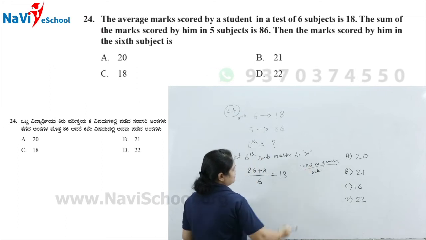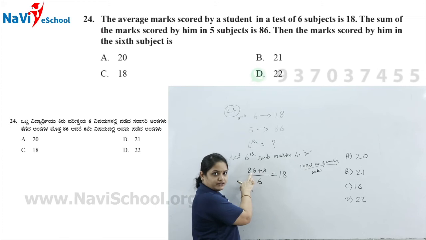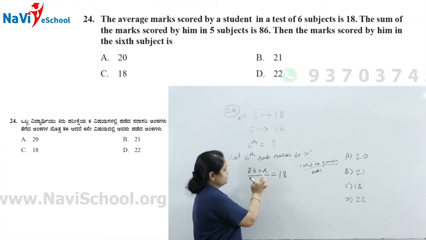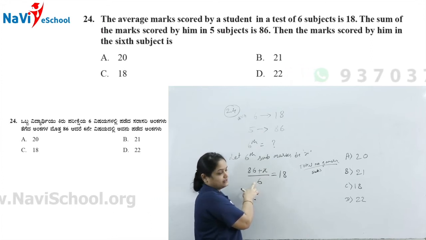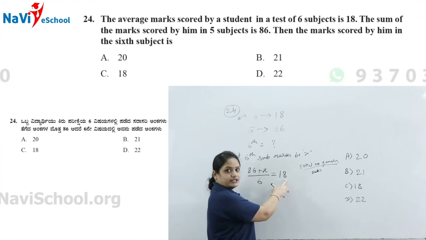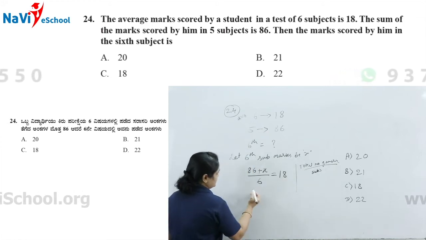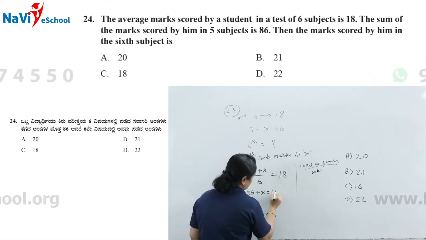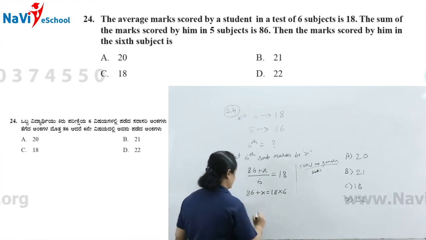So, here total number of marks means he scored 86 for 5 subjects. What about the 6th subject? That we have to find out, and divided by total number of subjects is 6 and average is 18. Okay? That's why 86 plus X is equal to 18 into 6. Is that clear?